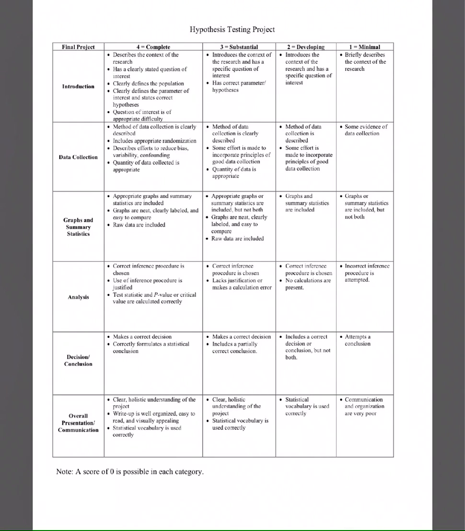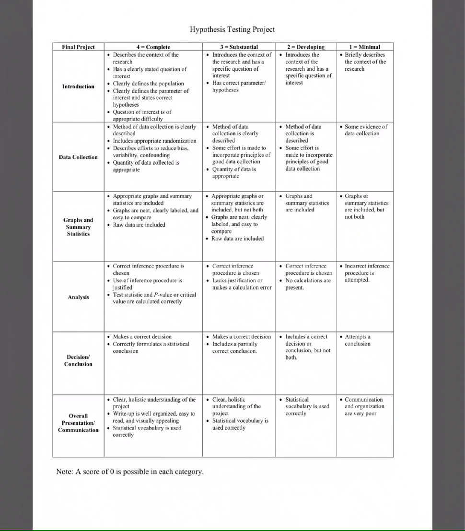This is the rubric. So 4 is the most that you can get. It is out of 24 points. So obviously the goal is 24 out of 24. There's 6 categories. And so if you don't do anything, like if you don't have an introduction at all, you could get a 0.